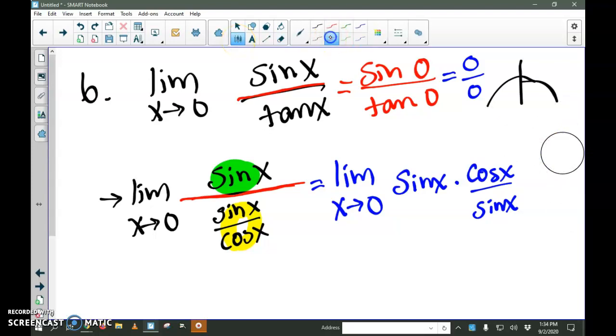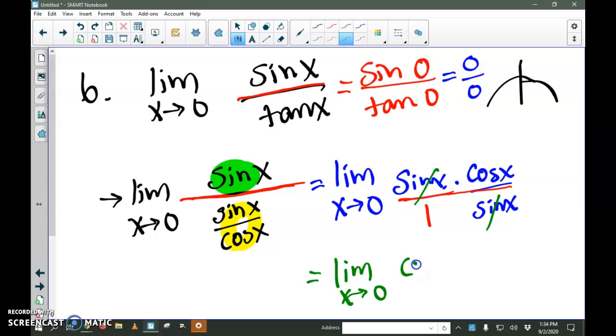Hey, this is really nice because sine of x is the same as saying sine of x over 1. Look, I have sine times cosine in the numerator. I have sine in the denominator, and those two things are going to divide out. I'm really applying the limit as x approaches 0 of just the cosine function.